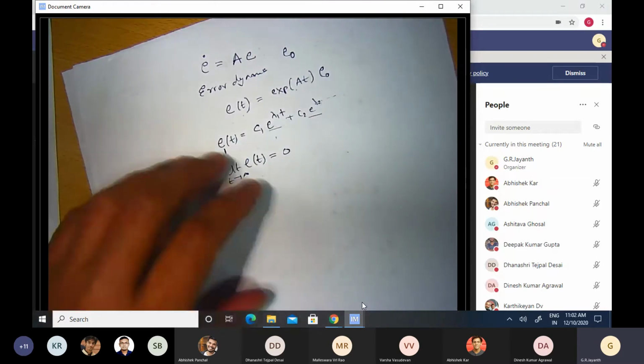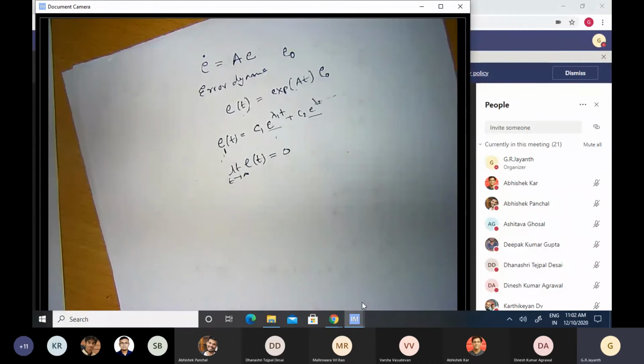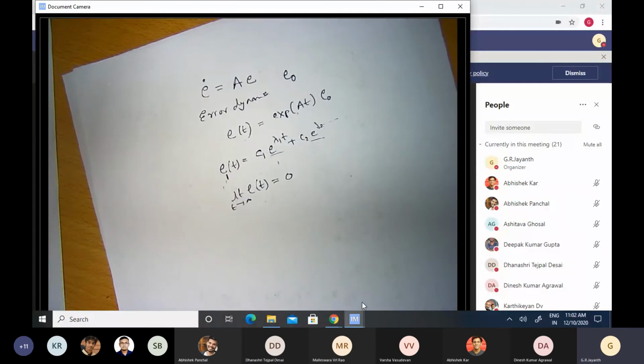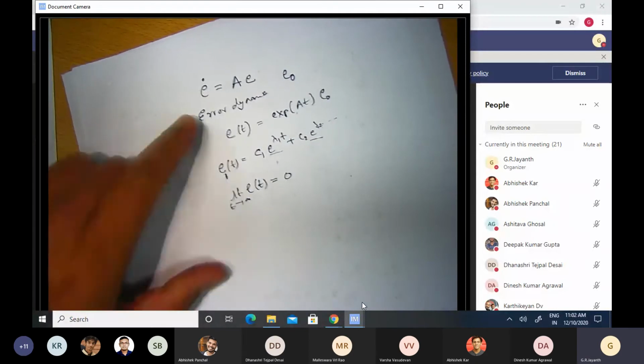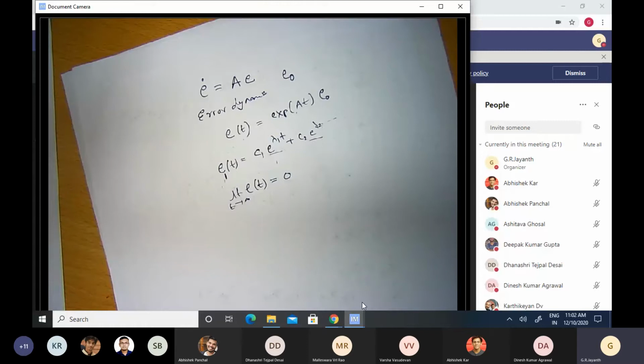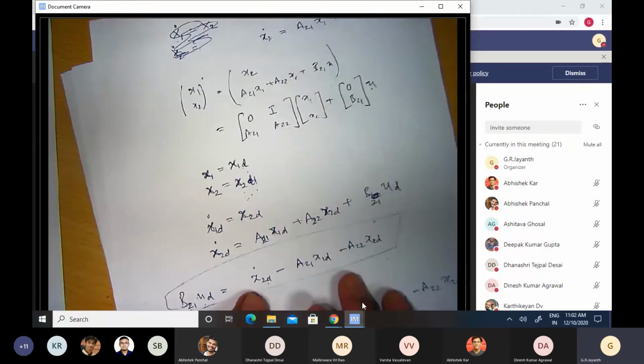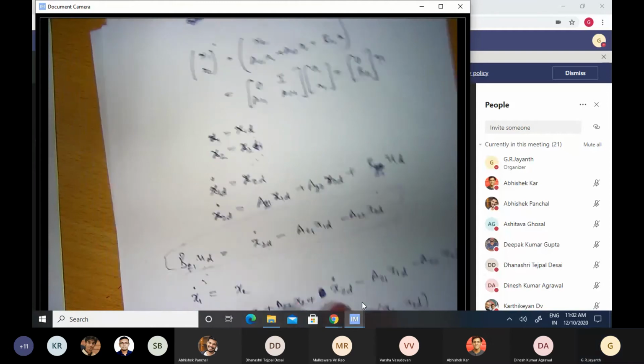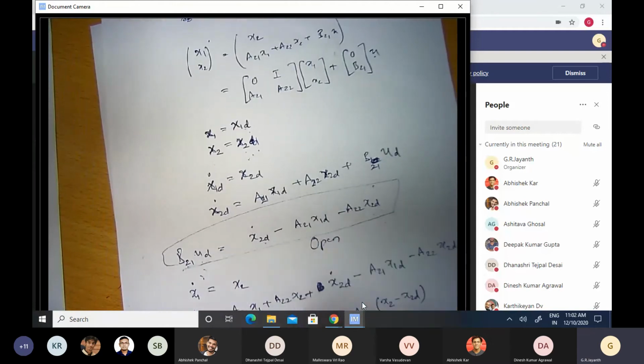So the stability or the lack thereof of the system has a big impact on whether I'll be able to get my system states to converge to the desired values or not. Okay, so suppose the system is stable, then by all means I can apply this strategy for changing the states of my system, and this kind of control is called open loop control. Why it is called open loop control will become apparent in a few minutes' time.